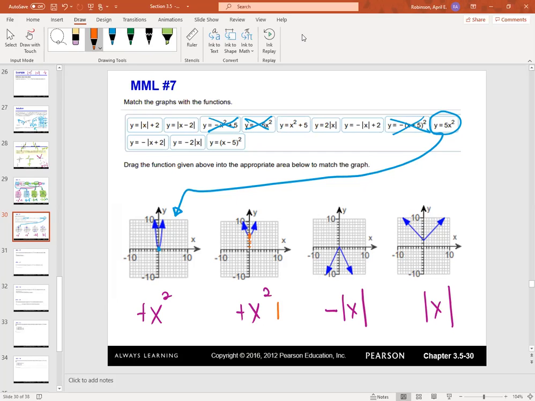So that's a vertical move of +5. And there isn't any other that has a stretch on it, because it looks like it's just your standard parabola. So that was this one. So now I can take out any other x squareds, which that's the only other x squared. Okay.